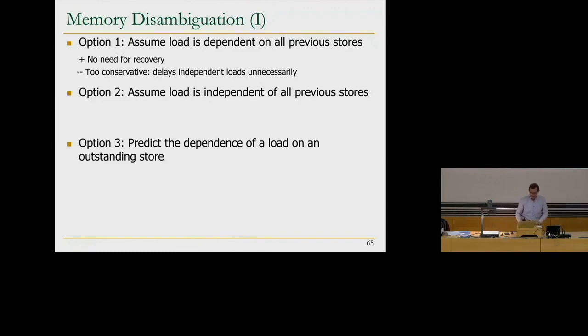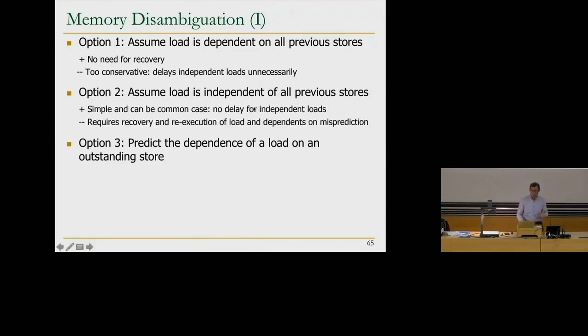If you do option 2, assume the load is independent of every previous store, it could actually be simple, and it's a common case. There's no delay for independent loads, but we have to pay the tax for recovery. If you're wrong, first of all, you need to figure out that you're wrong. So there needs to be some additional logic that says, you sent this load, you executed it, but you were wrong.